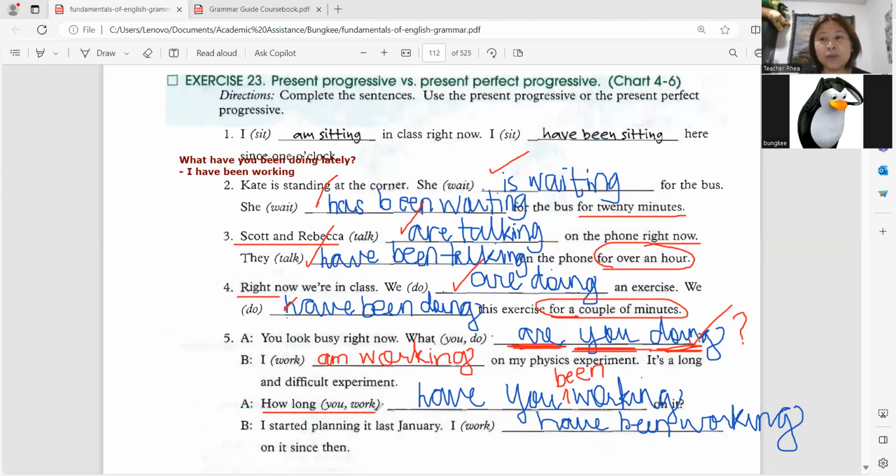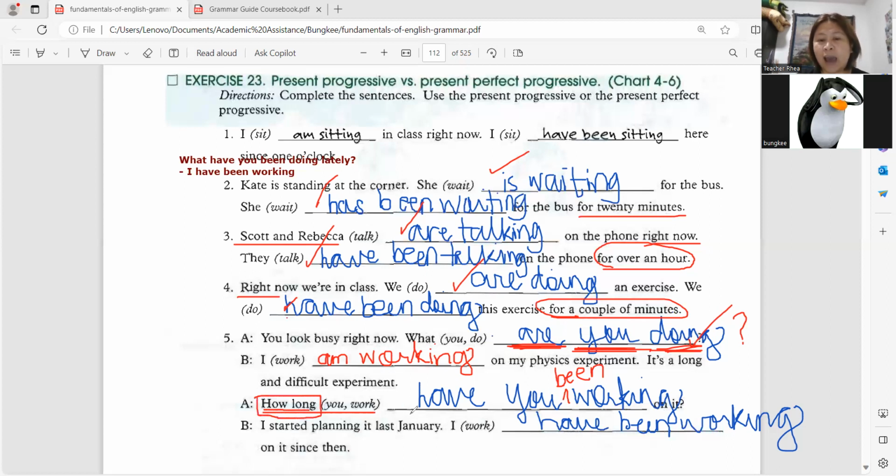How much time did you spend working on this project, on this experiment? Again, this is a WH question, how long. This is the question word.